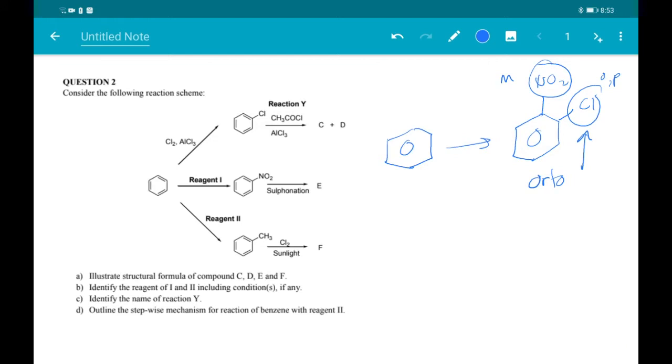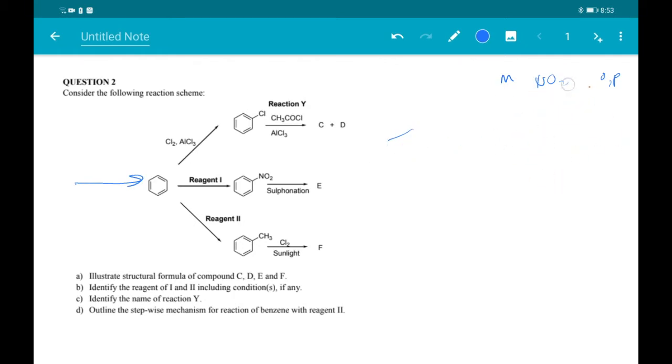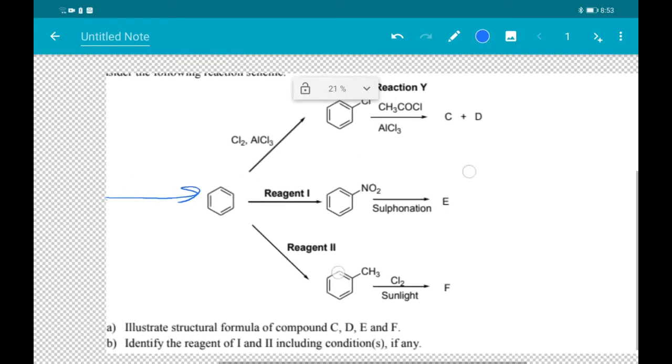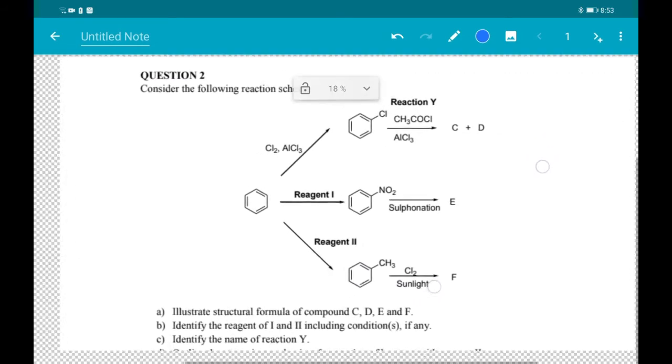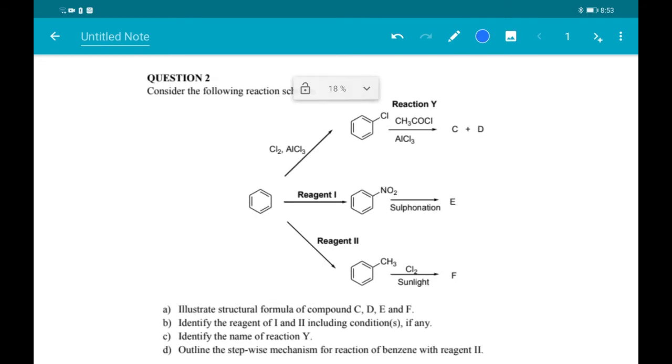For the question that we're going to discuss right now, instead of proposing the synthetic sequences, we need to follow the sequences that have been written in the reaction scheme. You don't need to worry about arranging which should come first, because you just follow the diagram that is given.